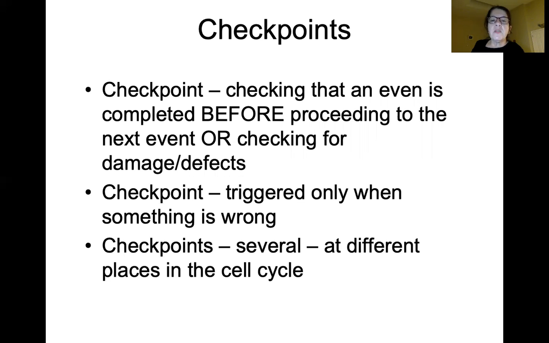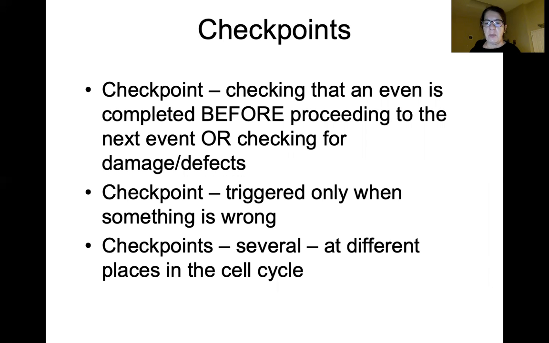A checkpoint is triggered only when something is wrong. So let me just explain this again. Checkpoints are always active. That means the cell is always checking whether an event is complete and whether everything is done correctly. But when I say checkpoint is triggered, that means if something's wrong, the cell will stop.